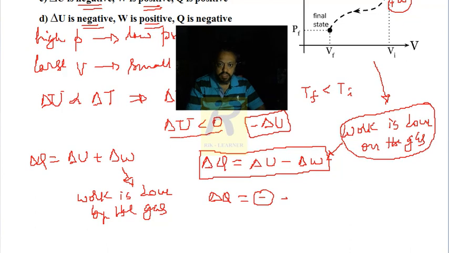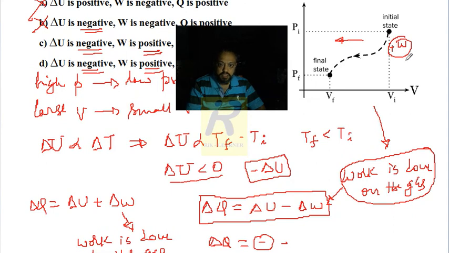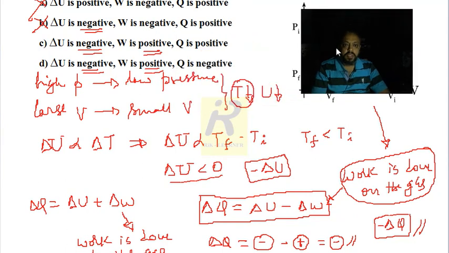Delta W is positive, which we already said here. Minus into plus is one more minus, so this finally becomes negative. That means delta Q is also negative. This is the way you must choose. The correct option is that Q must be negative, so I can avoid option C, and the correct choice is option D.